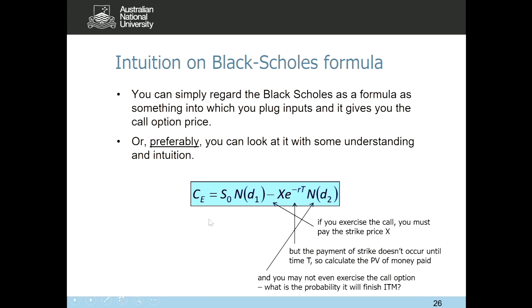So it begs the question, what is the likelihood the call option will be in the money? In other words, what is the likelihood we are going to exercise the call and pay the strike price X? So the N(d2) term tells me the probability of the option finishing in the money. So the N(d2) term tells me the probability that we are going to exercise this call. If we're going to exercise the call, we're going to pay minus X, right? So that's just the back end of this equation.